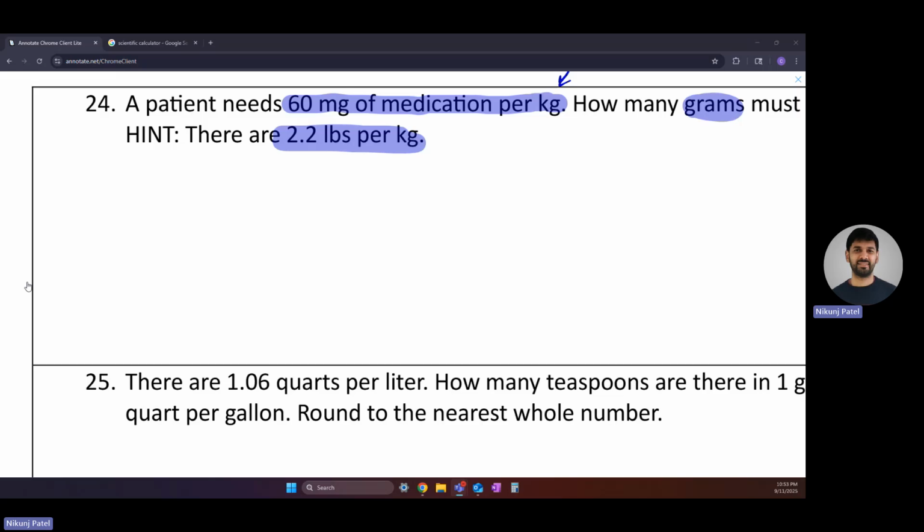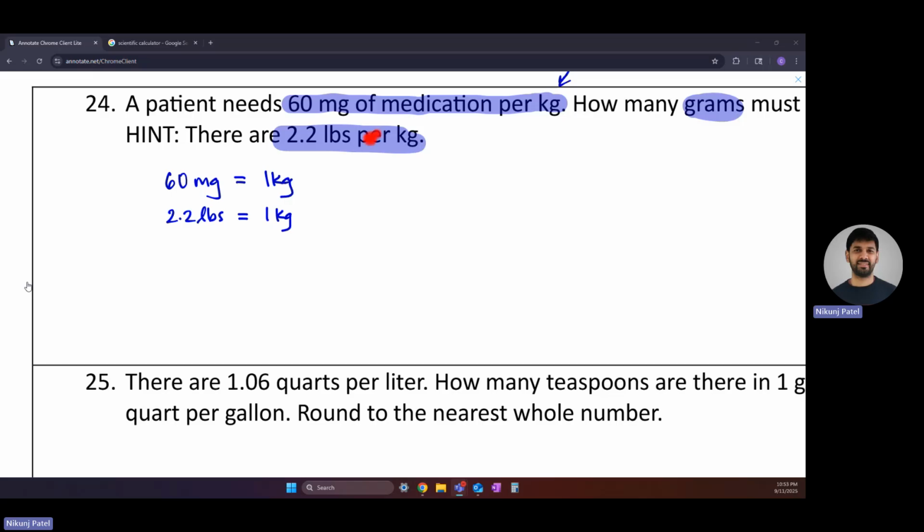The first thing that was given to us was that the patient needs 60 milligrams per 1 kilogram. We also had in the hint that 2.2 pounds is equal to 1 kilogram.